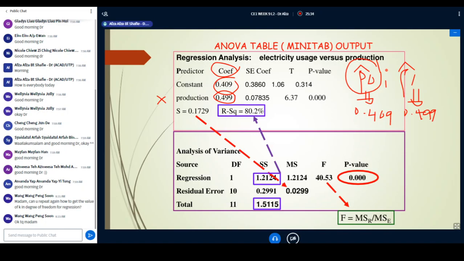Once we get the equation, we now need to assess the model. Let's have a look at how the assessment is done. The first one that we look at is the standard error. Where is the standard error in this table? The standard error is the value here.